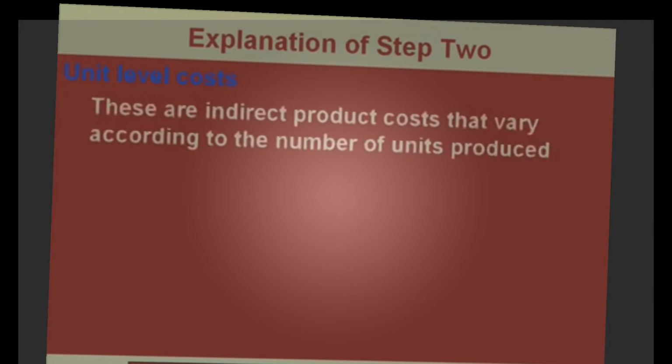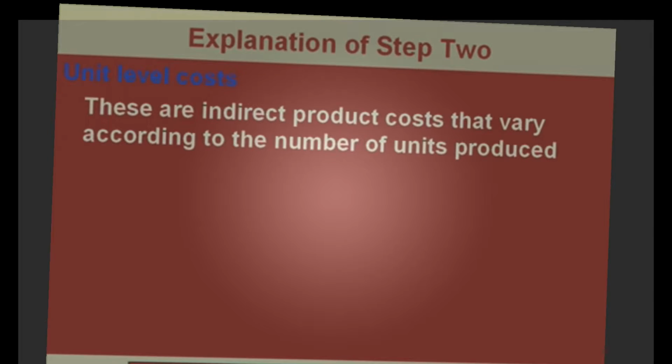Here are the definitions. Unit level. The definition is in front of you. Unit level is sort of an activity level where indirect product costs, that's overhead, vary with the units produced.